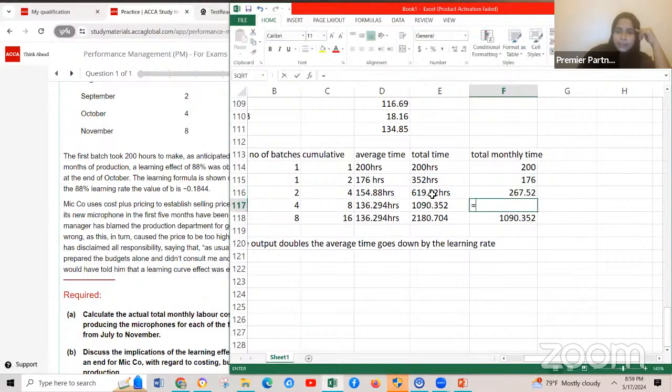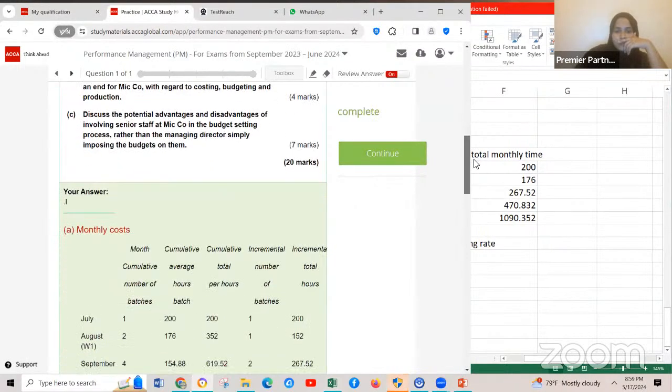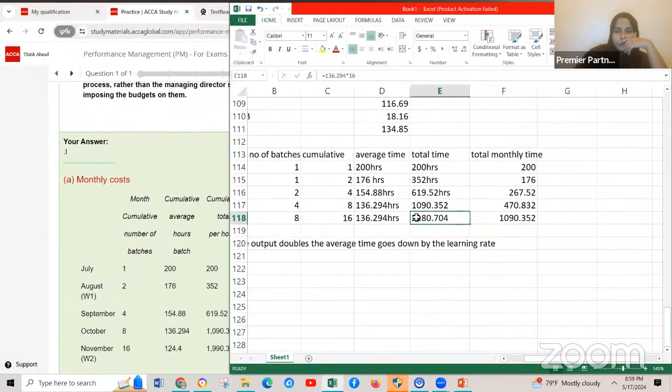So the increase in total time will be the addition in that month, right? Have I taken this multiplication?